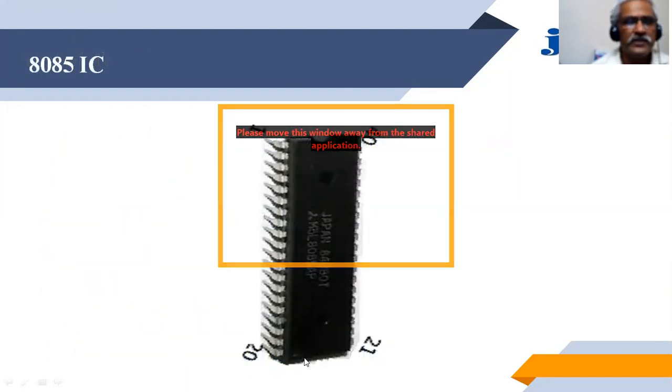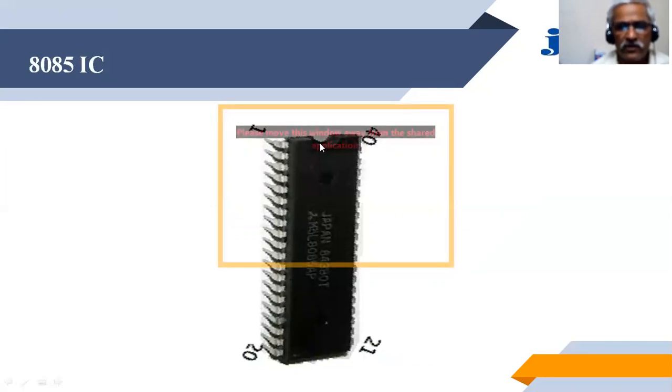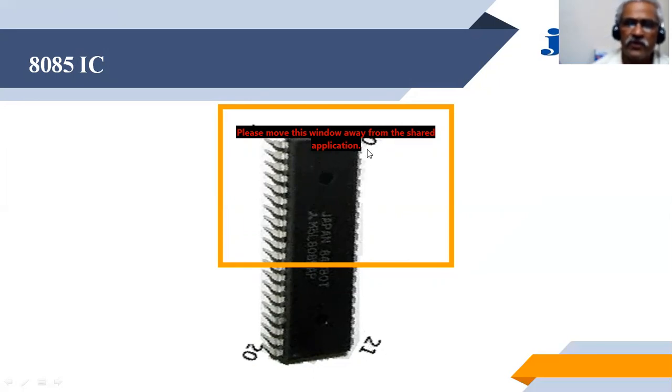The physical appearance of the 8085 that we saw in the previous class is seen in the figure. Here, the orientation is with the notch kept up. On the left side are pin number 1 to pin number 20, and on the right side, pin number 21 to pin number 40.